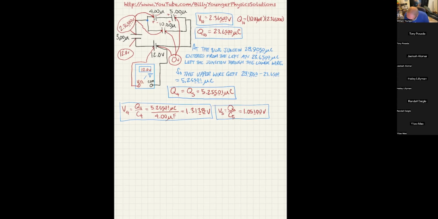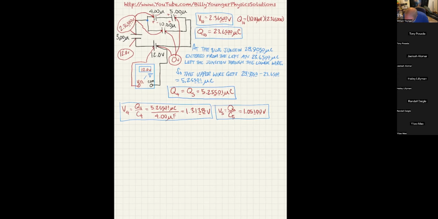So we should check that just to make sure we're right. So if I take that 1.0511 and add to it the 1.3137, so I'll say plus 1.3138, which is what I rounded it to.